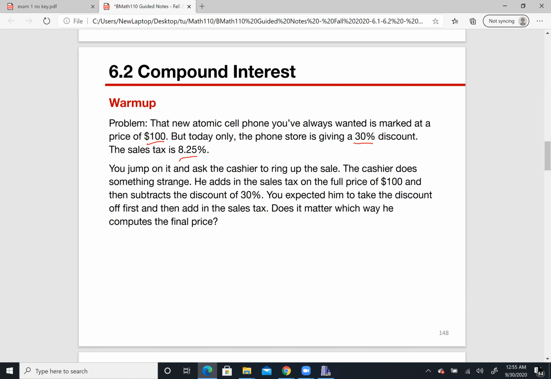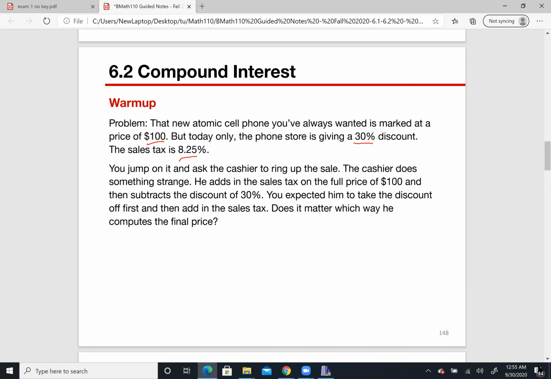So does it matter which way he computes the final price? Okay, so the main question is: should we apply the discount first and then the tax, or should we apply the tax first and then the discount, right?